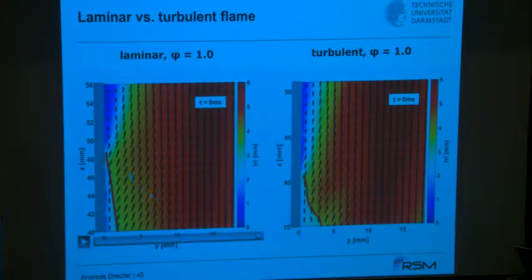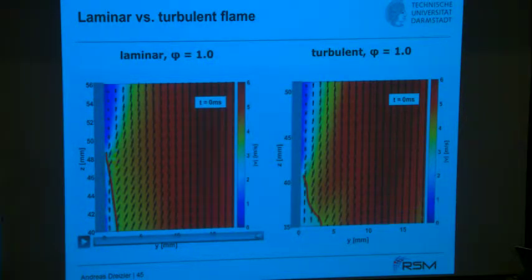You see the flow field with the directions given by the arrows and the velocity magnitude by the color coding. And you see this red line. This is, after image post-processing, the flame front, and the end here is where the flame has been quenched. So when it comes closer and closer to the wall, you nicely see the quenching.